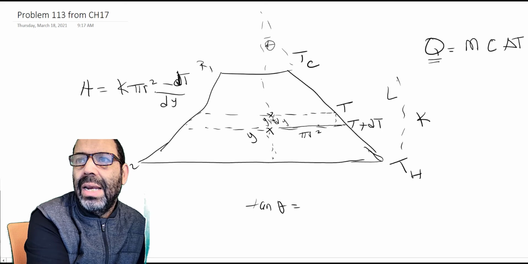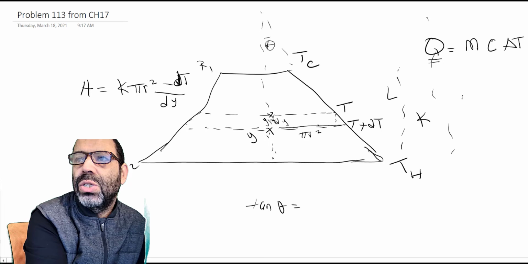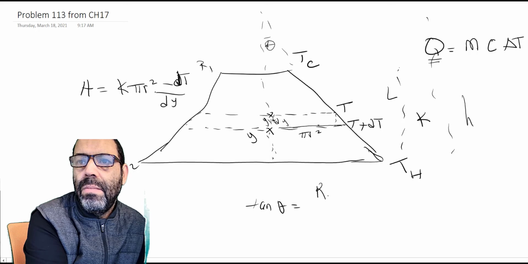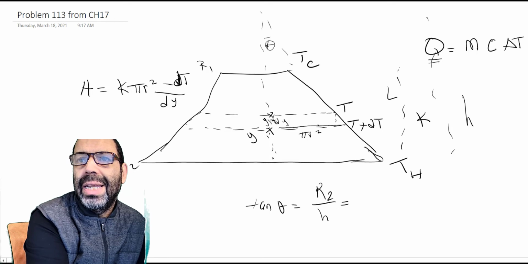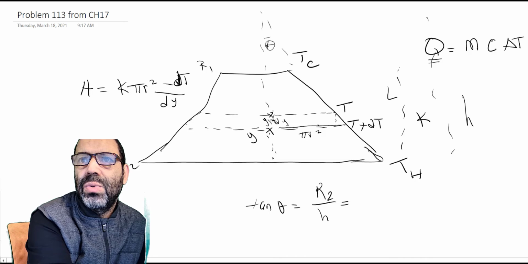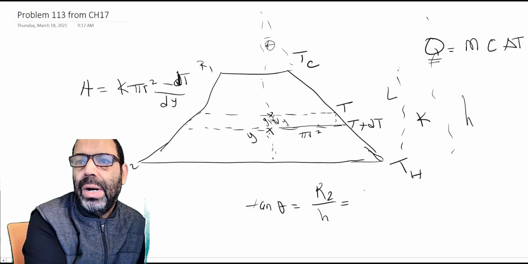So this length is L, given from top to bottom, and I assumed that the overall length is some height h. So in this case, the tangent of theta is clearly equal to r2 over h, or is equal to little r, because this is r, that's the whole area, pi r squared, by the way. So little r over just this distance, which is simply h minus y.